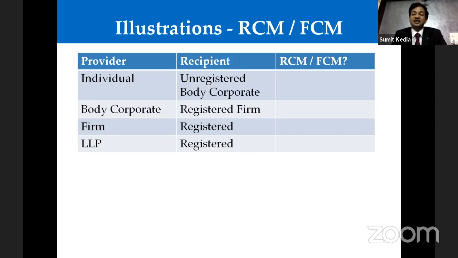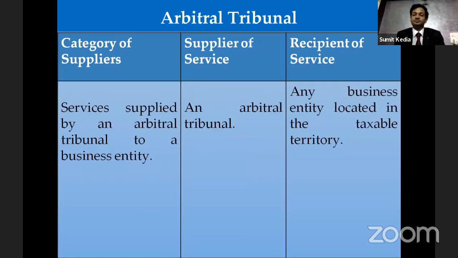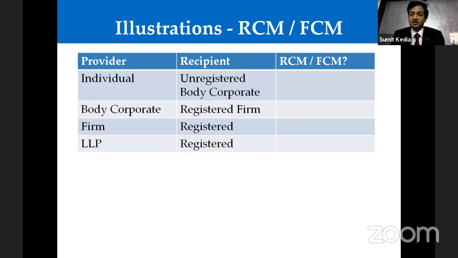I repeat, the recipient should be a registered person. It does not say a body corporate or a partnership firm. It only says a registered person, and hence FCM will be applicable.